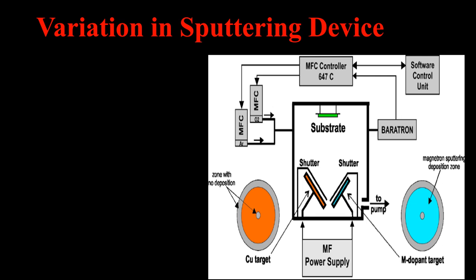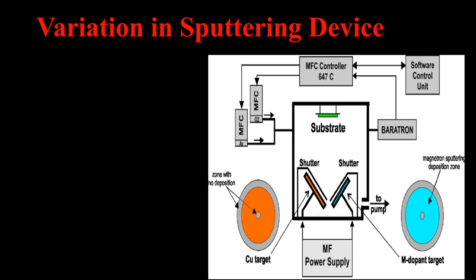So these source materials are placed in a complex system. There are a lot of source materials like this placed inside the chamber. At the same time, these materials can get evaporated by the argon ion or by the inert gas ion, and they get deposited on the substrate.